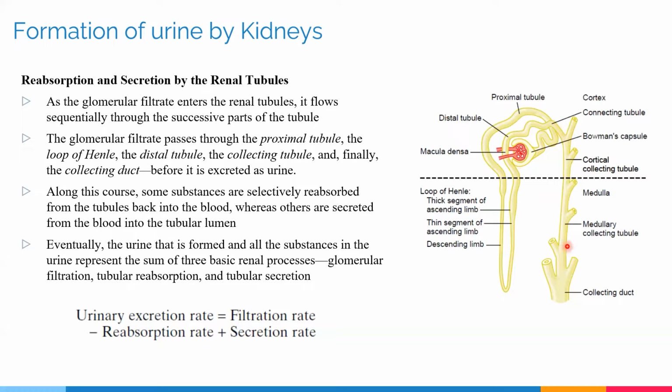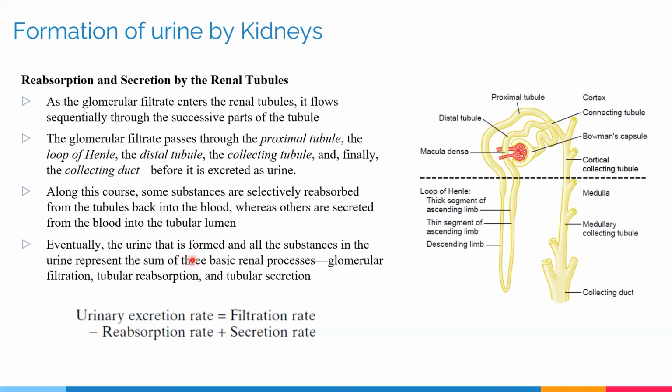duct. Along this course, some substances are selectively reabsorbed from the tubules back into the blood, whereas others are secreted from the blood into the tubular loop. If you can recall, after filtration, the final concentration of the solute in the urine depends on the rate at which it is reabsorbed or secreted while traveling through the renal tubules.